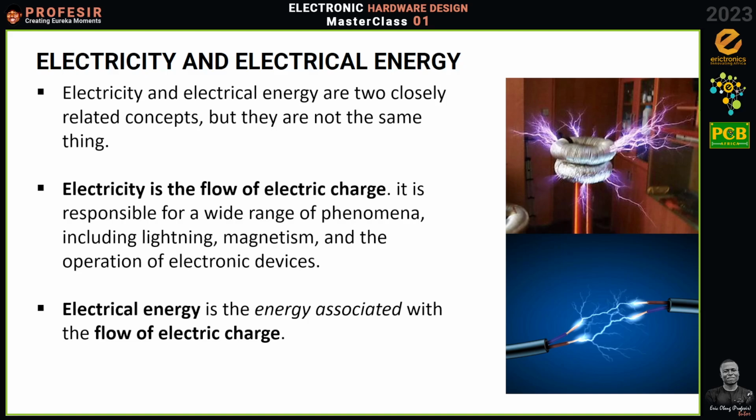And the energy that was used to move, let's say the boat I put on the river, that is the electric energy. So anytime there is the flow of charge, being it protons, being it electrons, there is an associated energy, and that energy is what we call electric energy. Is that okay?